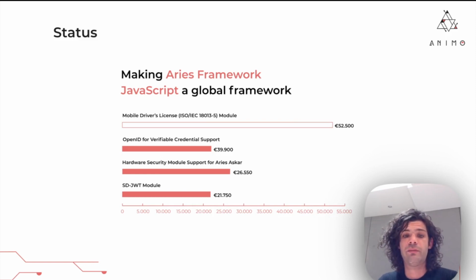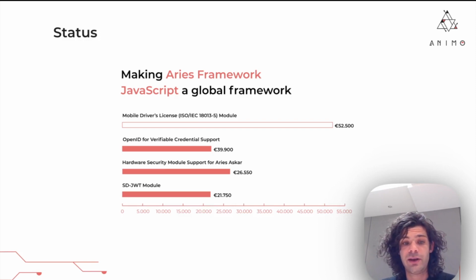We are now wrapping up that part of the project, as well as the support for the SDJWT credential format, which means that in the next release, you'll be able to issue and verify, and receive SDJWT credentials over the OpenID for verifiable credential protocols.